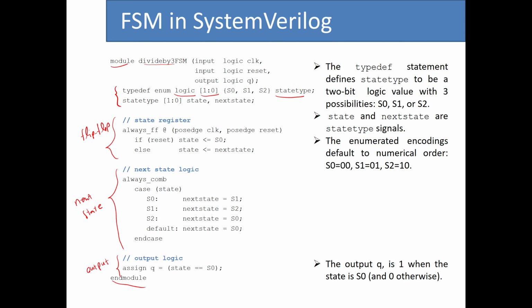But now to be able to define the system, we need to have variables for the current state of the system and the next state of the system. That's what we do in the next line. We just create two instances of this state type, with the size 2 bits. One is state, which is short for the current state of the system, and then one is the next state of the system.